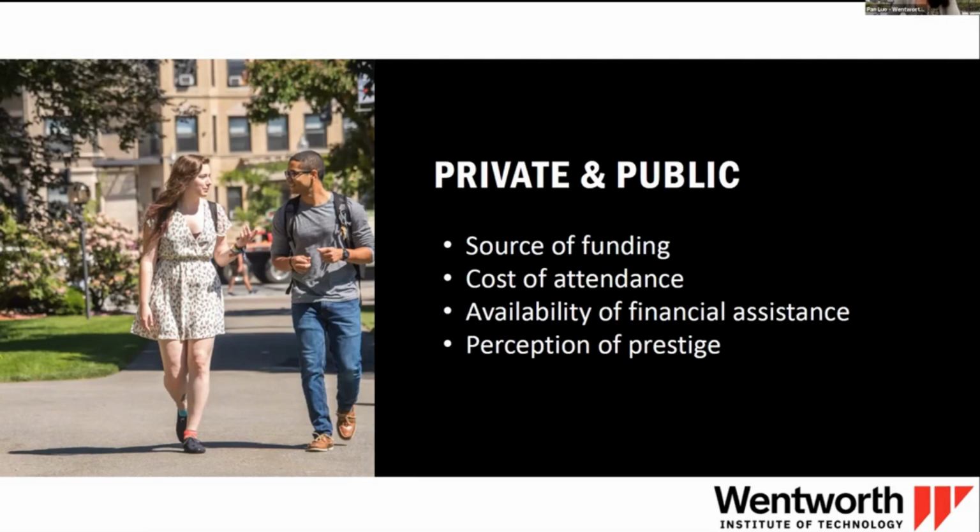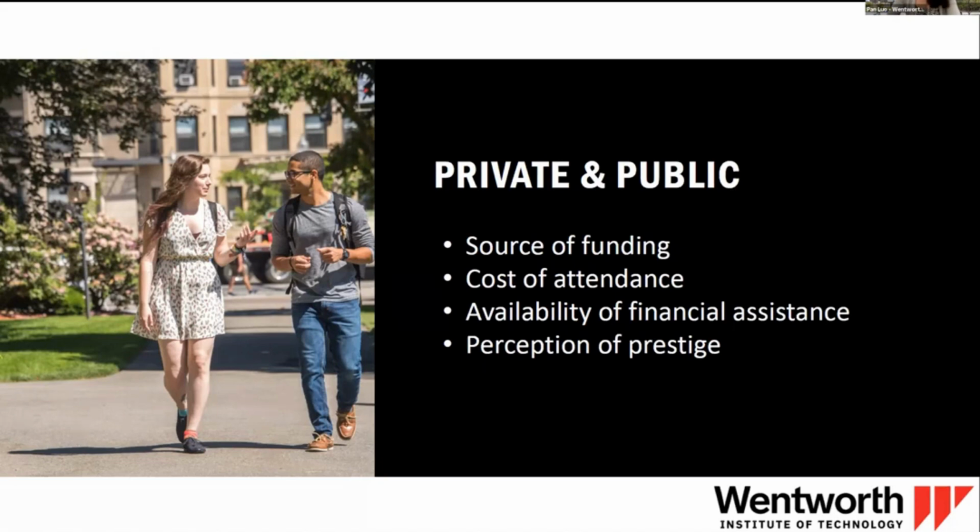For example, every year at Wentworth, we receive generous donations from our alumni, whether they're domestic alumni or international alumni, and their families. This is because those alumni really enjoyed their time at those private institutions and decide to give back to support more students like them.